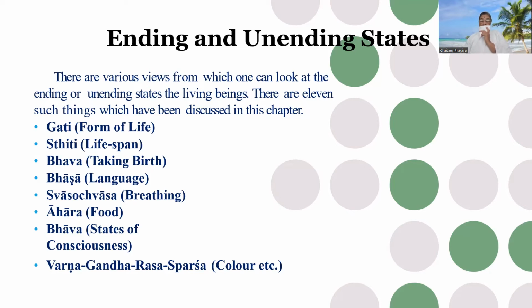But those living beings who attain liberation will not come back to this human form again. So from their point of view, this human form is the last form of life for them, and they will not come back to it. It depends on the living beings whether they are liberated or remain in this world forever.